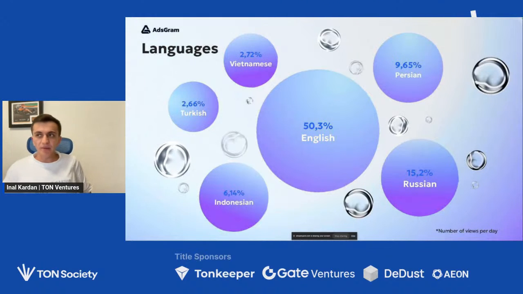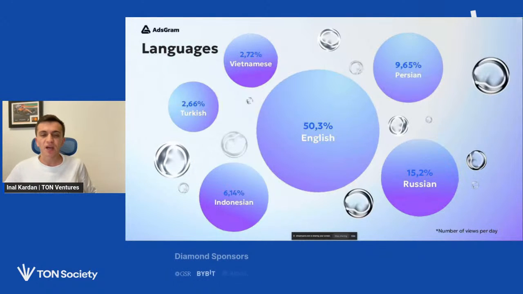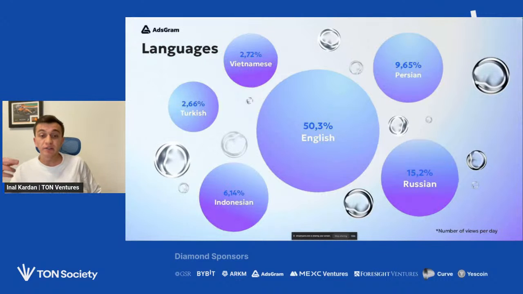Again, very important slides from the AdsGram team, in my opinion, because if we look at the languages of people who actually use mini apps, you'll find out that 50% of these users have English as their default language on their device. This is based on the device language. English is the biggest one, more than half.